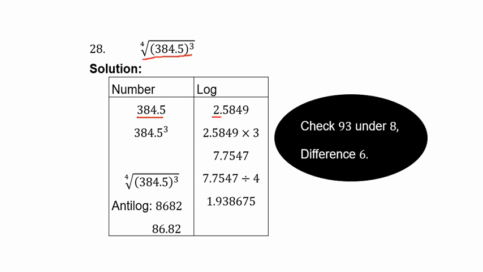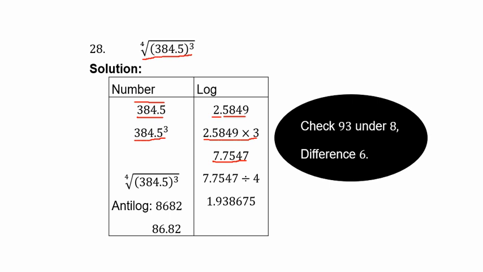For the multiplier, you check 38 under 4 difference 5. The result is 5849. If you attach the power of 3 to it, it implies you are going to multiply the first result by 3, and that gives 7.7547. That is for the power.